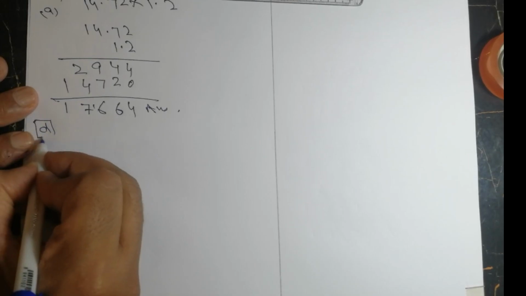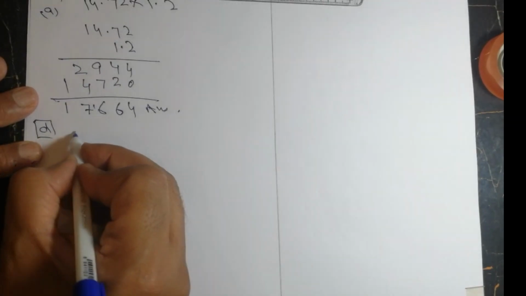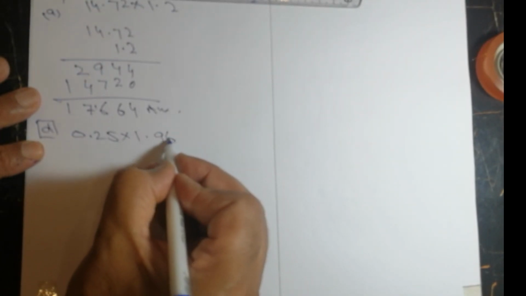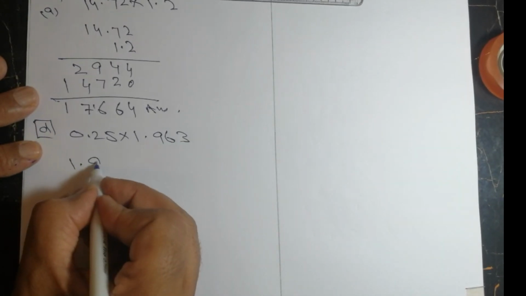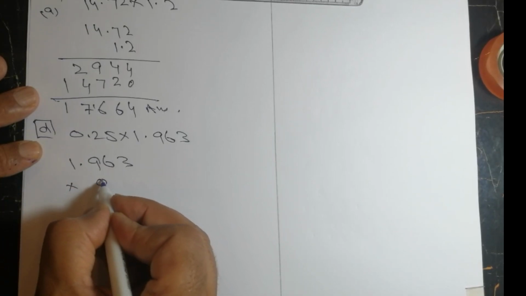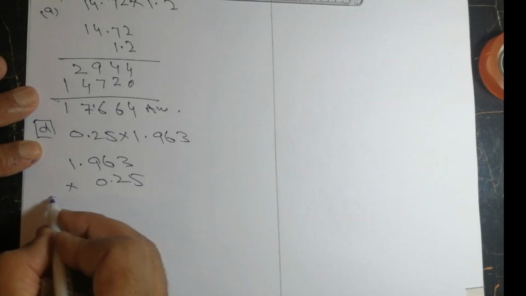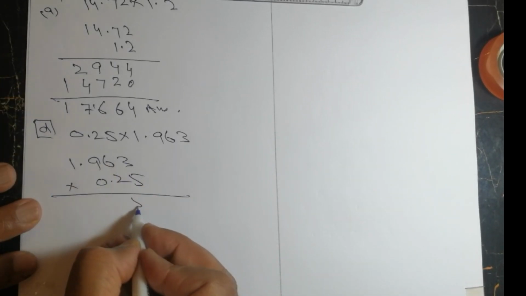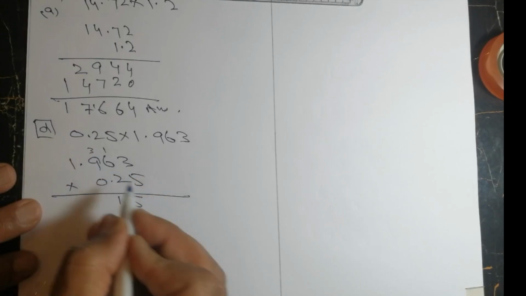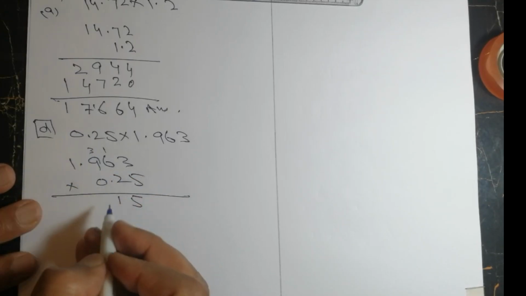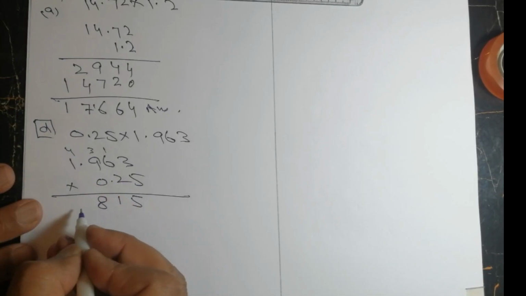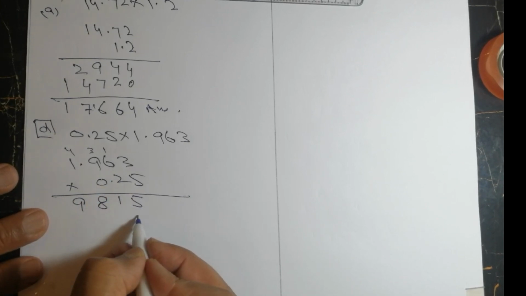Part D, 0.25 into 1.963. So 1.963 multiplied by 0.25. So 5 threes are 15, 1 carry, 5 sixes are 30, 31, 3 carry, 5 nines are 45, 3 is 48, 4 carry, and 5 ones are 5, and 4 is 9. Leave this vacant.